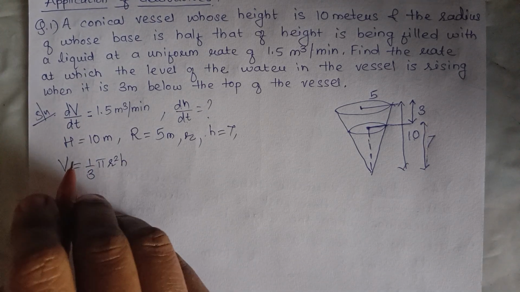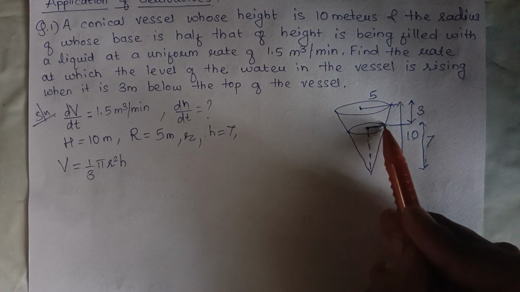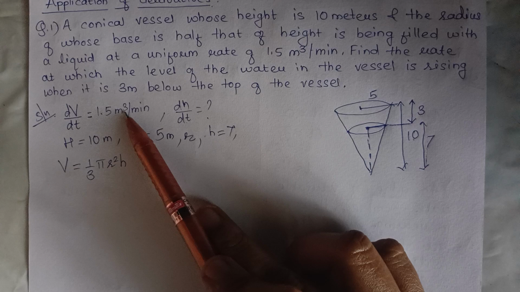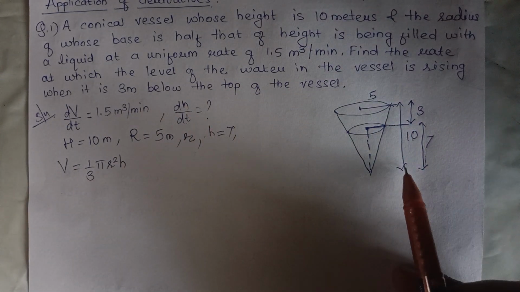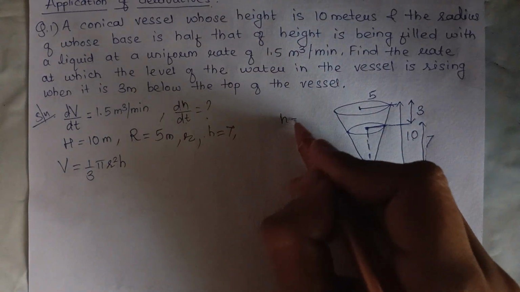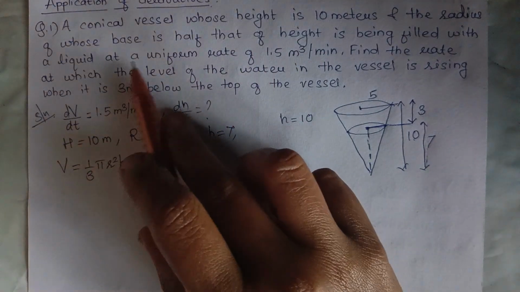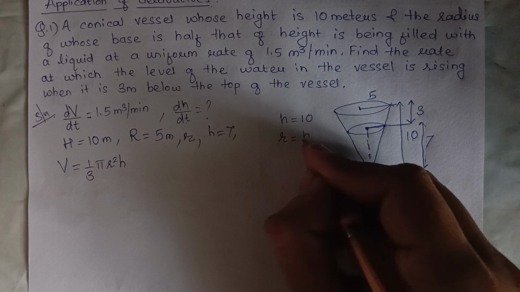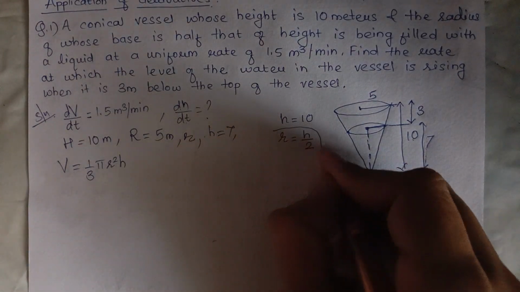Now we are finding change in this height, right? And the volume is changing at 1.5 meter cube per minute. Now look here, we have been given the height, which is 10, and they have given the radius is half that of the height. So radius is half of the height. So this relation is given.